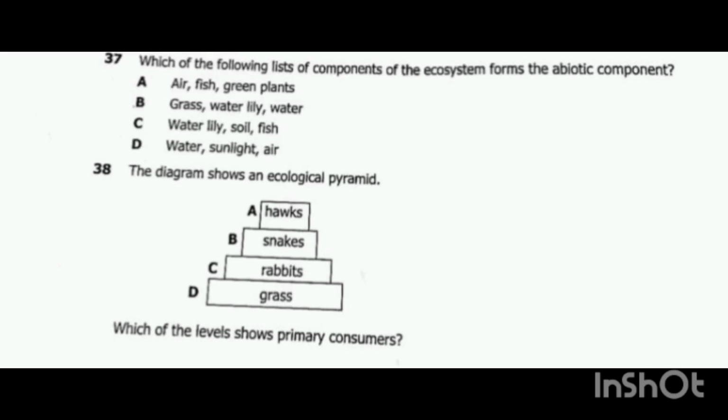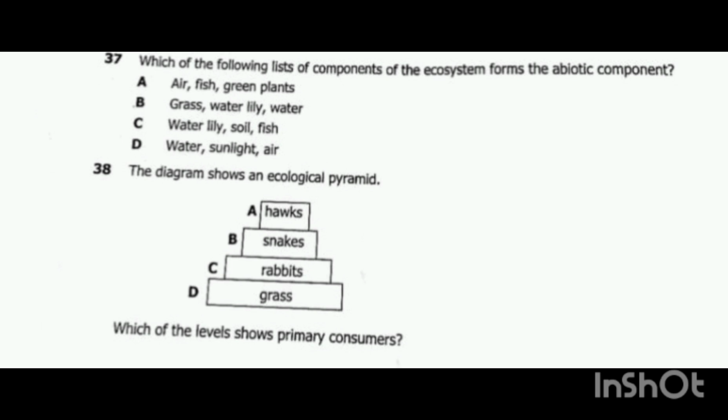Okay, so let's look at question number 37. Which of the following lists of components of the ecosystem forms the abiotic component?